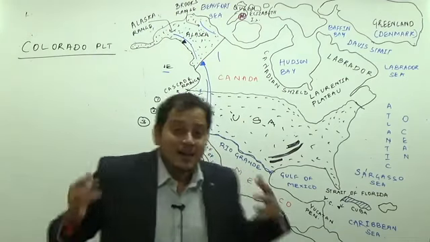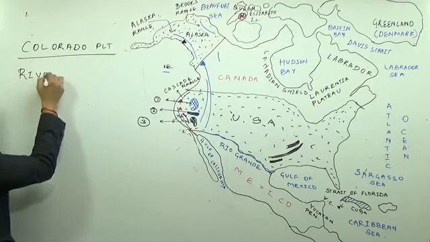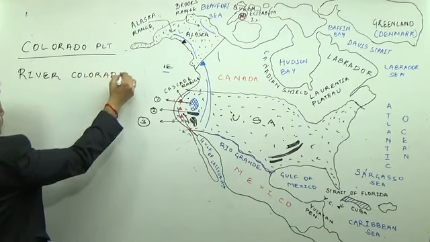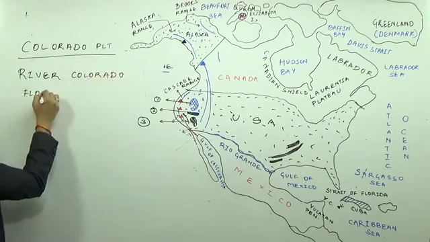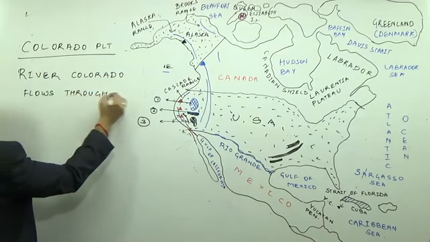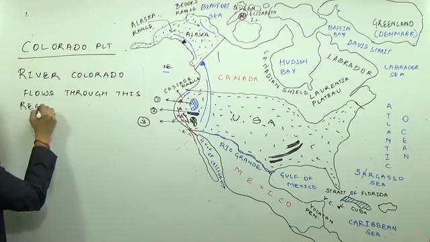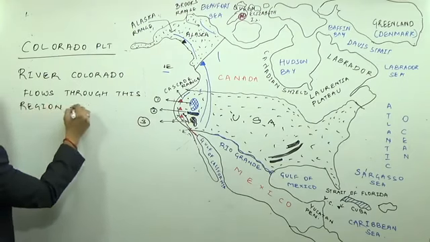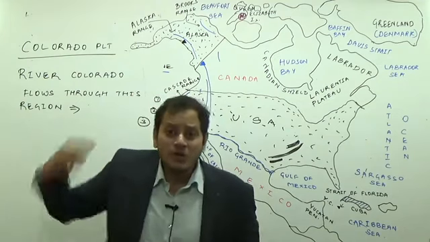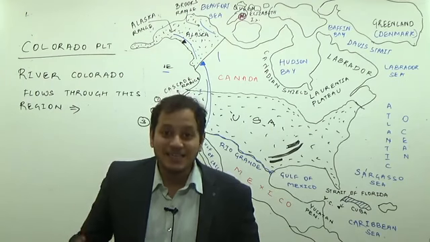So, the river Colorado flows through this plateau. River Colorado flows through this region, and while flowing through this region in the Arizona state of USA, river Colorado has formed the famous Grand Canyon region.